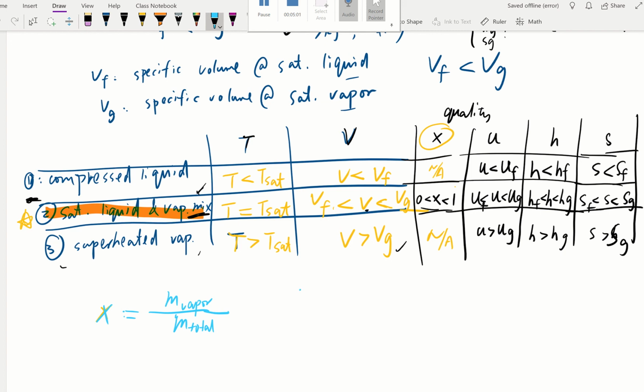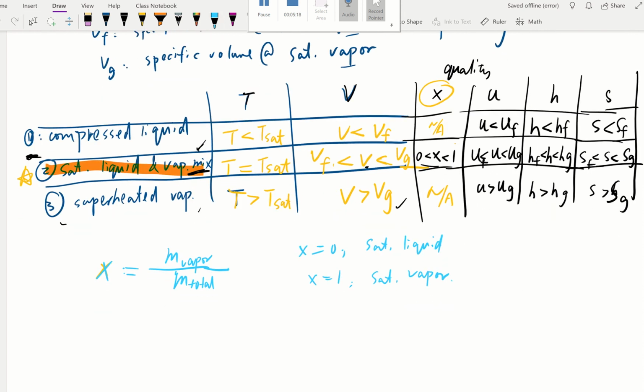And we know x equals 0 when it is completely saturated liquid. x equals 1 when it's completely saturated vapor, liquid completely converted to vapor. Now, x ranges from 0 to 1.